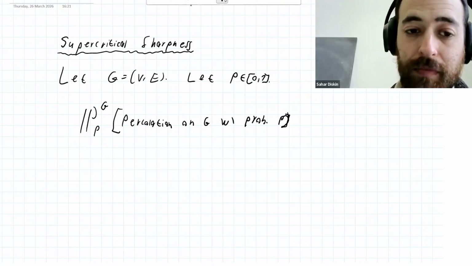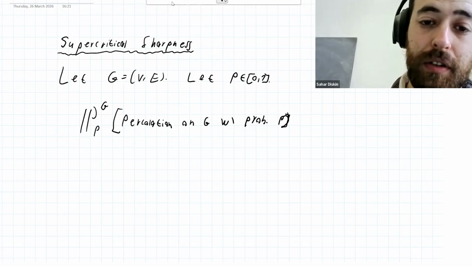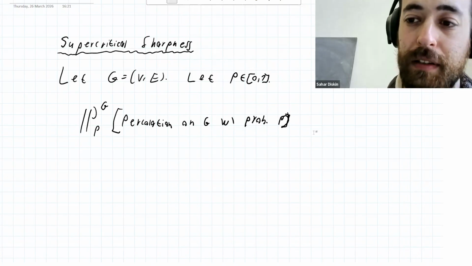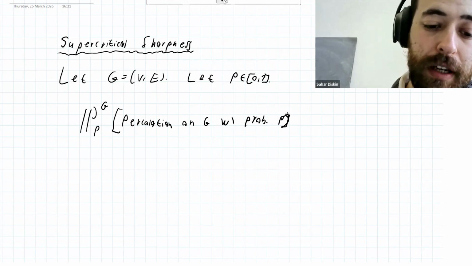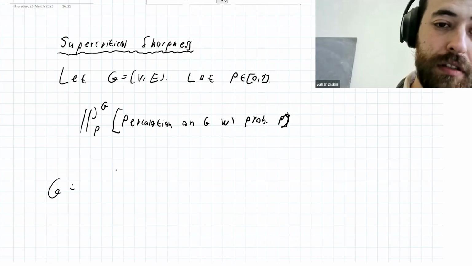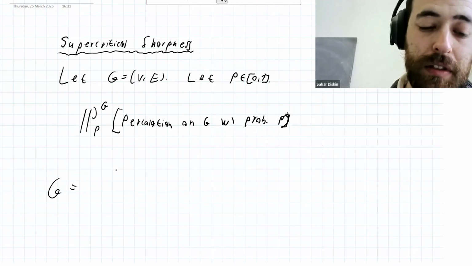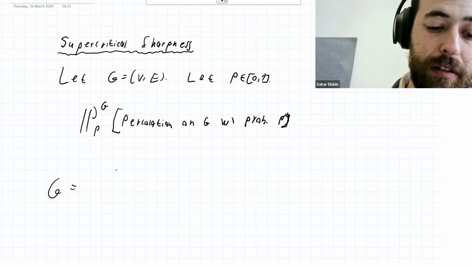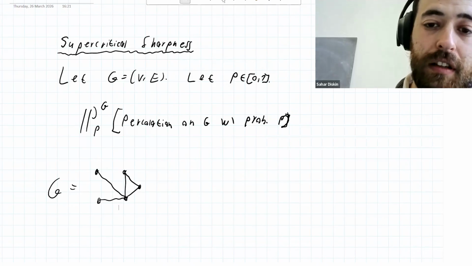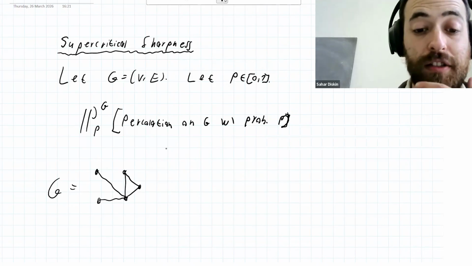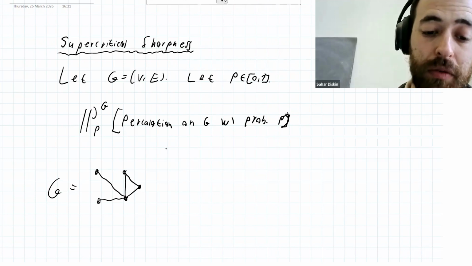So what does this mean? For example, suppose that I start with the following graph. This is my graph G. Let's say it looks like this. For every edge, I put a coin next to it.